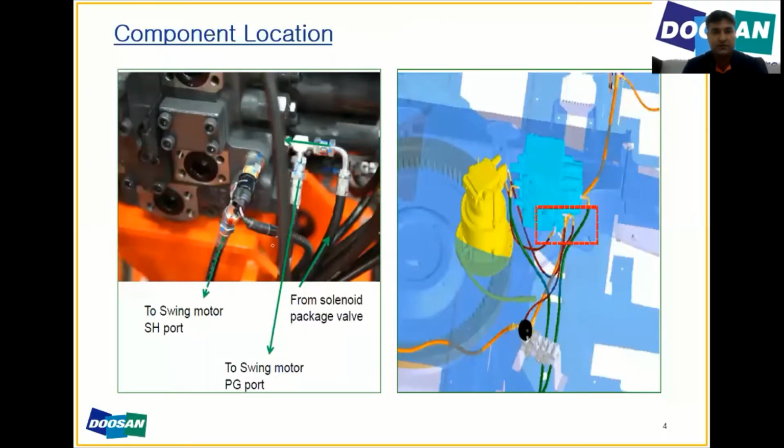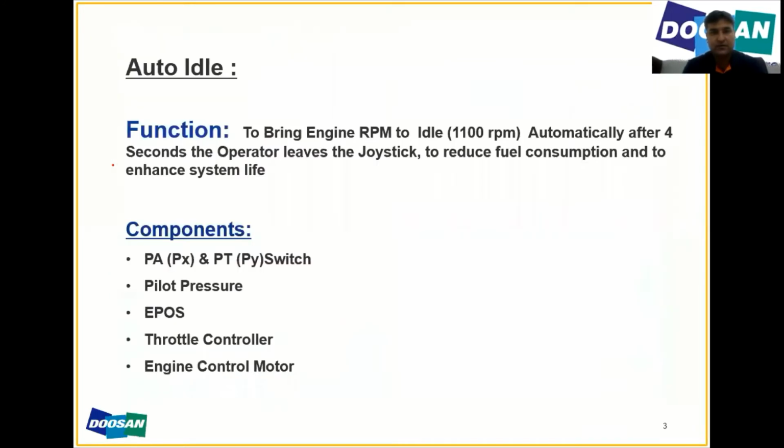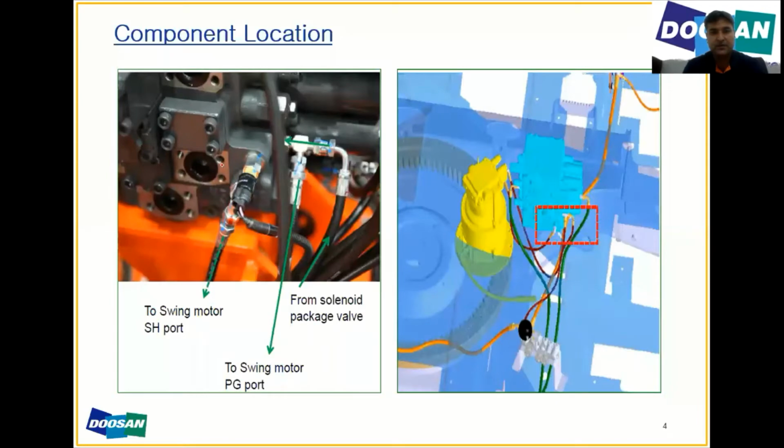Now we'll discuss the component locations. Among the components we have the PA and PT switch. The PA and PT switches are located at the MCV and at the swing motor. In the old model, both the PA and PT switch were located at the MCV.